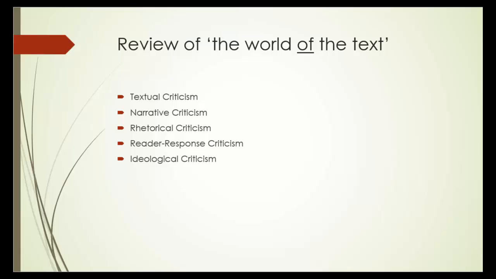Here then is what we've looked at in the world of or behind the text. We've looked at textual criticism with its efforts to recover the earliest form, the earliest wording, frankly, of the written text. We've looked at narrative criticism, which looks at the art of retelling stories or histories and deriving from that an increased sensitivity to what is the writer's objective, given what they include, what they exclude, where they accelerate, where they decelerate.